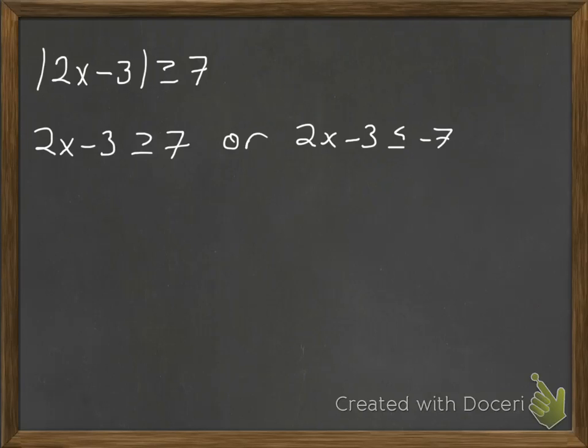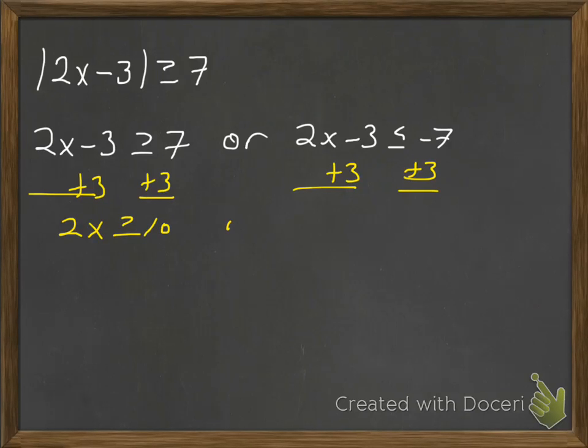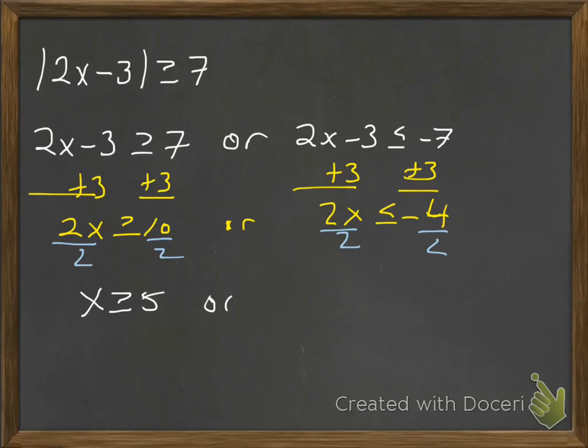Okay, we're going to solve both inequalities in the same way. We're going to add 3 to both sides, and then we'll divide both sides by 2. So we'll have x is greater than or equal to 5, or x is less than or equal to -2.